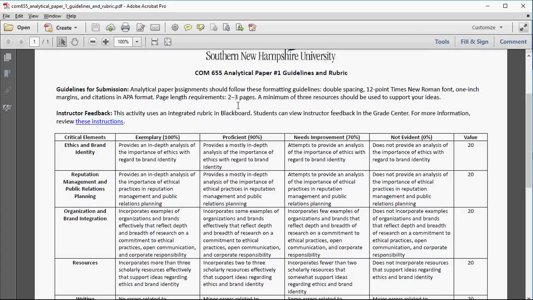And why would I do that? I do that to be fair to everyone. Think about this first critical element. Provides an in-depth analysis of the importance of ethics with regard to brand identity. Well, if a person stays within the 2 to 3 pages and gets an exemplary score, providing an in-depth analysis in this first one, then you or another student writes 5 pages and provides an in-depth analysis.